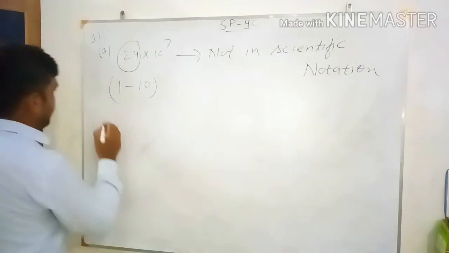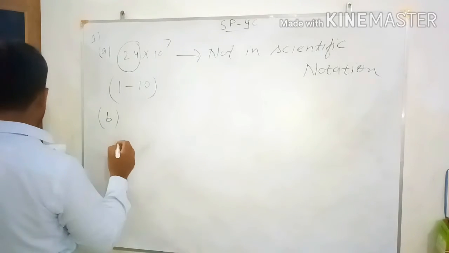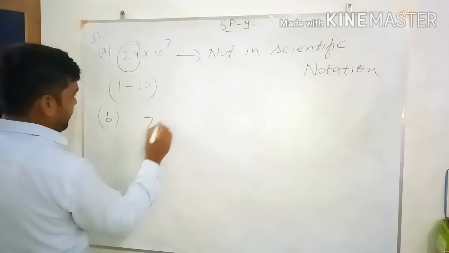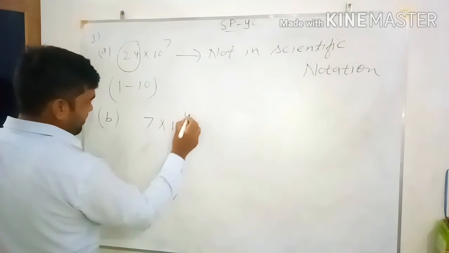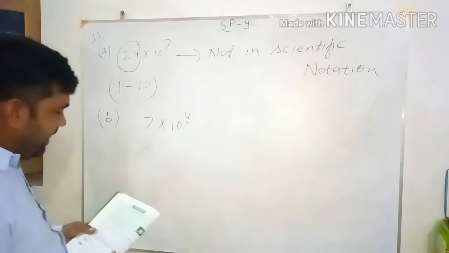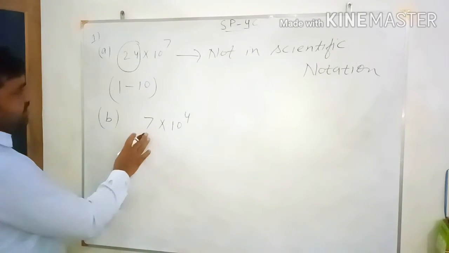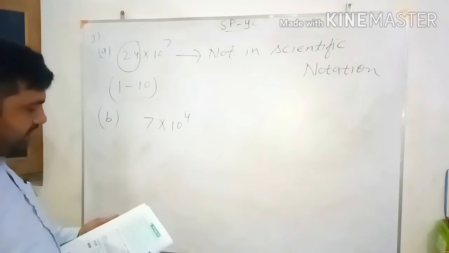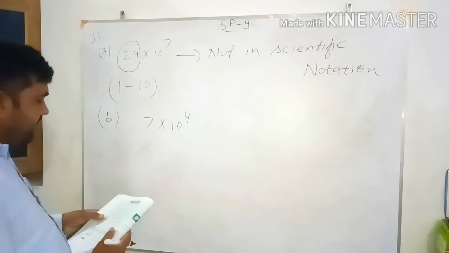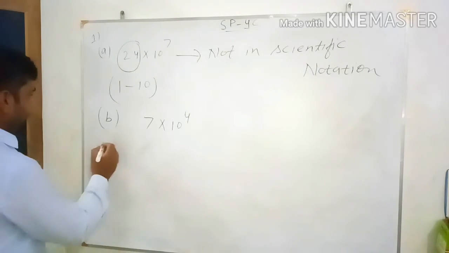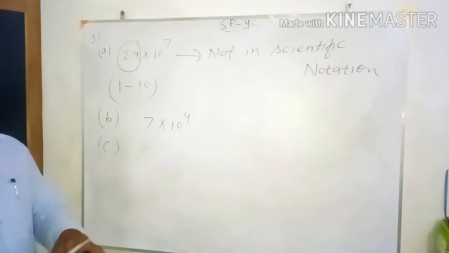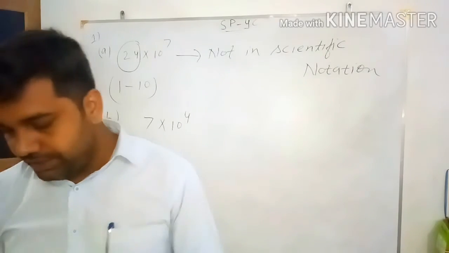B, 7 into 10 to the power 4. Yes, it is in the scientific notation because this number is less than 10. So B is in scientific notation.